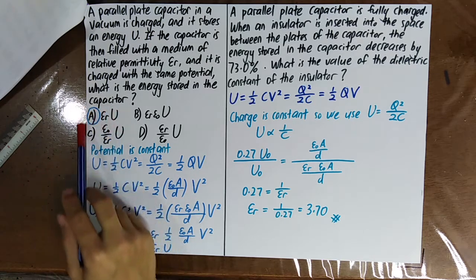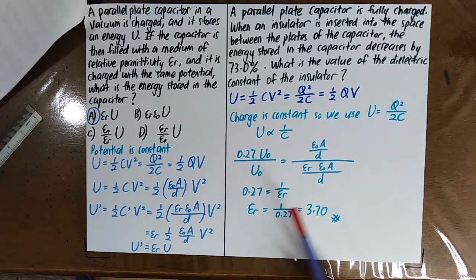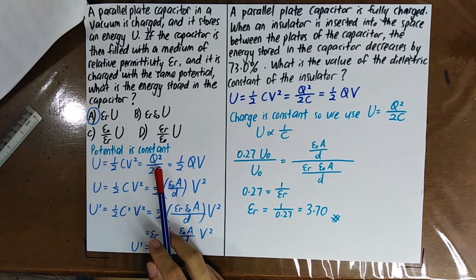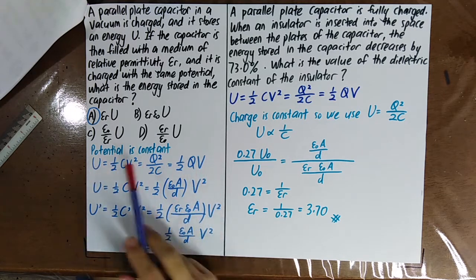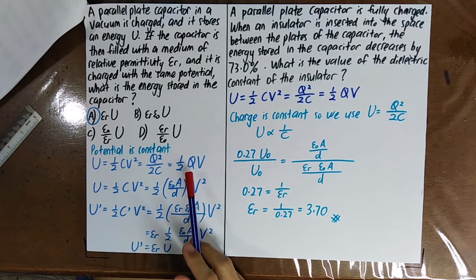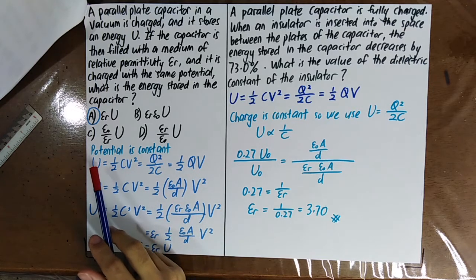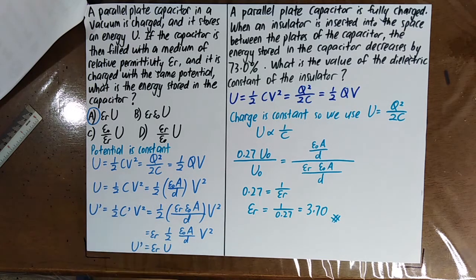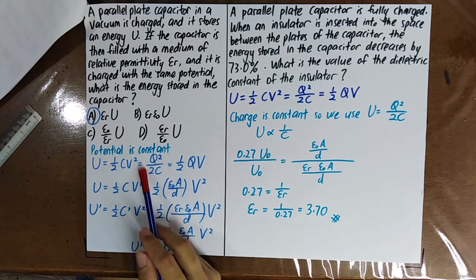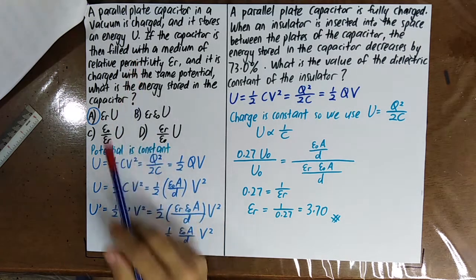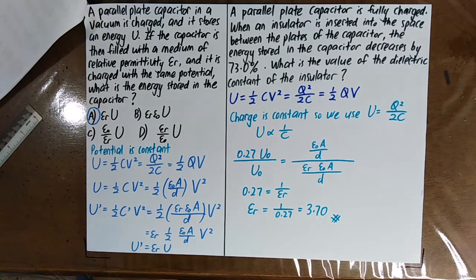So the answer is this. Always make wise decisions when choosing which formula to use for the energy of the capacitor. When Q is constant, most probably you use this formula. When V is constant, of course you use this formula.